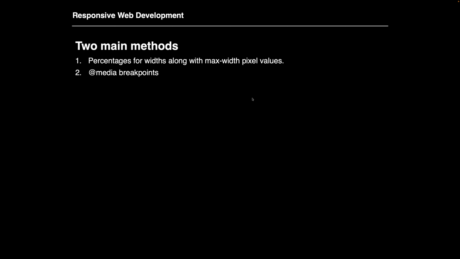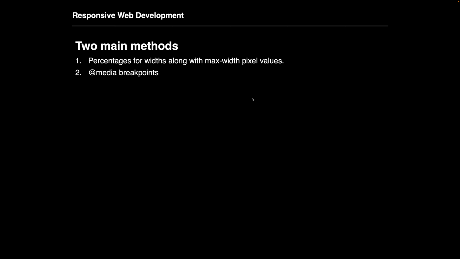When it comes to website development for responsive websites, there are two main methods that I mainly focus on. One is using percentages for widths rather than fixed pixels. So instead of doing 900 pixels wide for your container on your website, I would suggest doing 100%. And then also working alongside percentages with max width values.